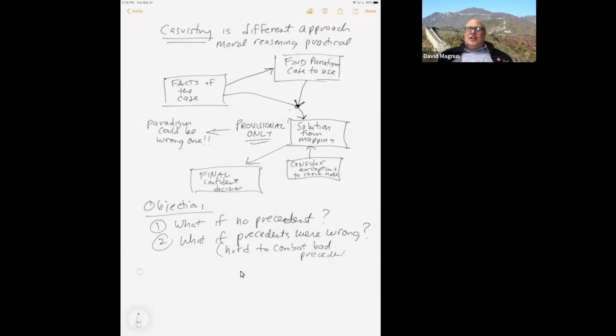A judge. And so the fact that judges sometimes tend to not always give as much deference to past precedent as they could. So the more you weight past precedent, the less you're able to figure out new things. And so that's one of the downsides to casuistry.